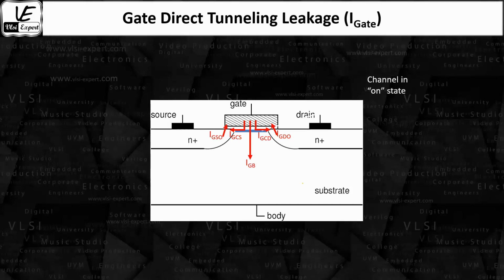It's just moving in a zigzag manner, so charge carriers may move here and there and get trapped either in the oxide layer or in the substrate. So basically it is gate direct tunneling leakage, where current is leaking away via the gate of the device.